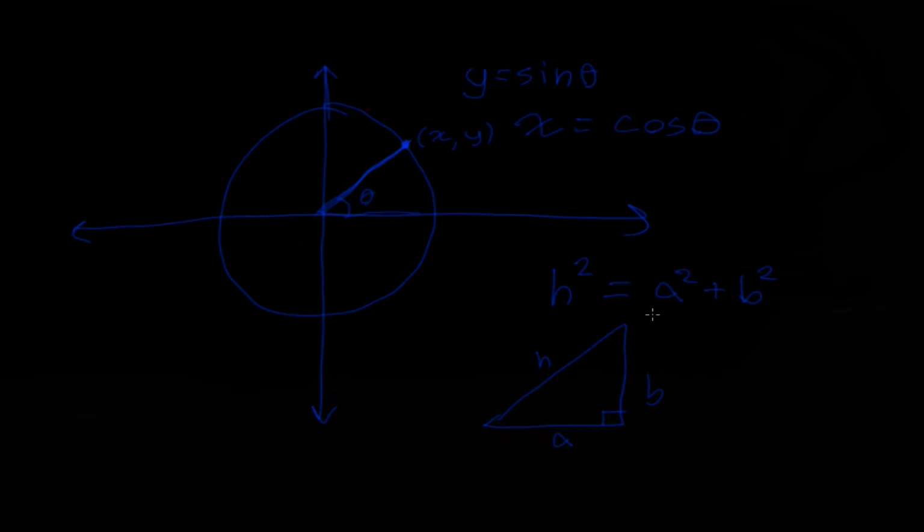Alright, so how does this compare to this? Well, in a unit circle, the radius of the circle, which would be the hypotenuse, is always equal to 1.